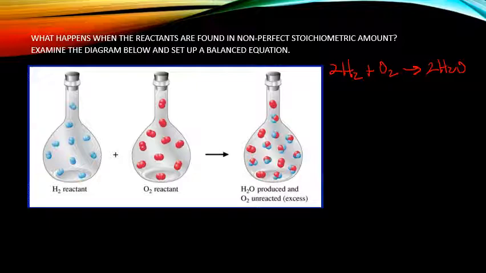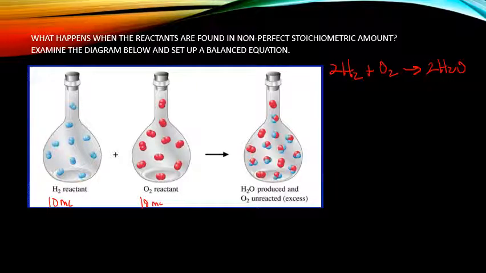So before they're mixed, if you look at the total numbers, I have 1, 2, 3, 4, 5, 6, 7, 8, 9, 10 molecules of the H2. I have 1, 2, 3, 4, 5, 6, 7, 8, 9, 10 molecules of the O2.